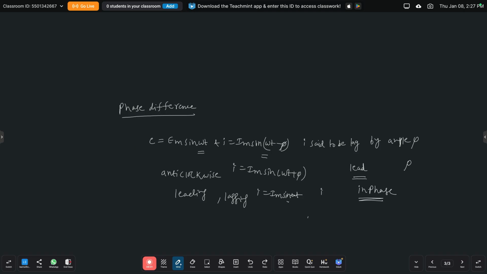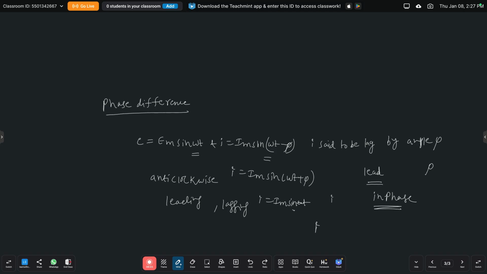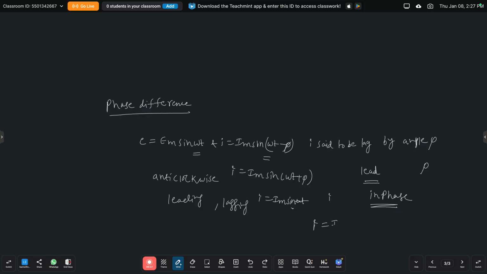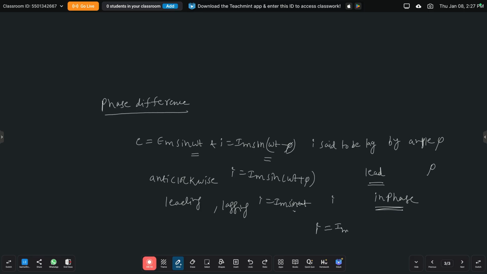So finally, if I write I equal to Im sin(omega t plus or minus phi), then plus represents the leading angle and minus represents the lagging angle, right? Now this is about the phase difference, right?